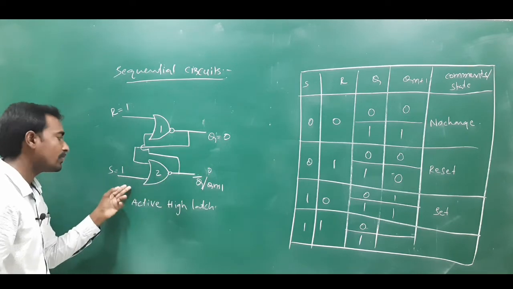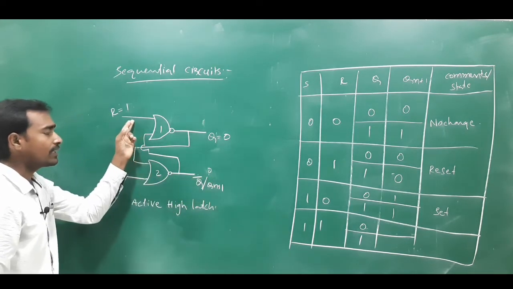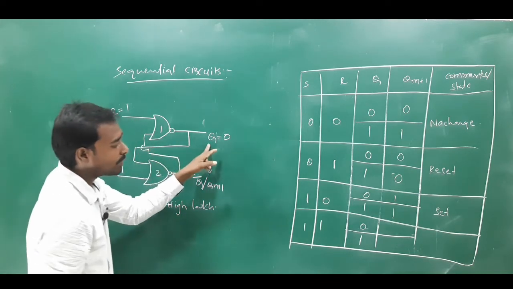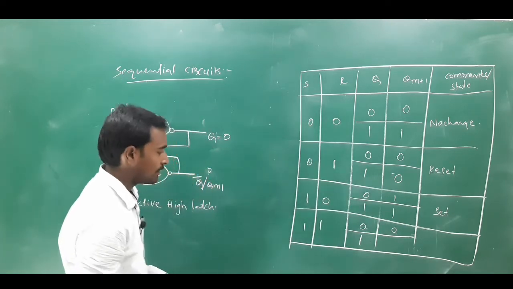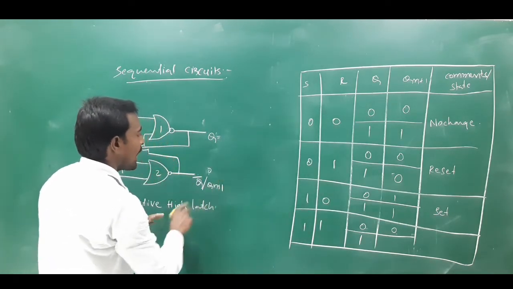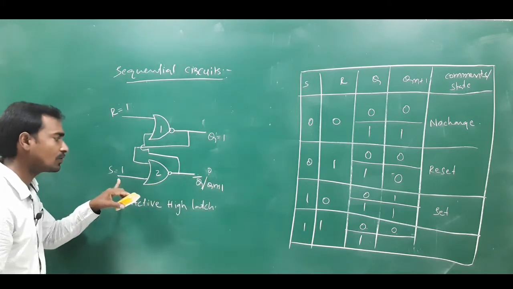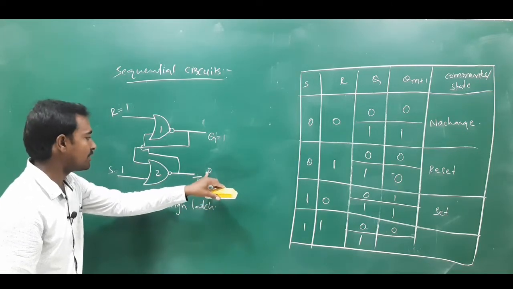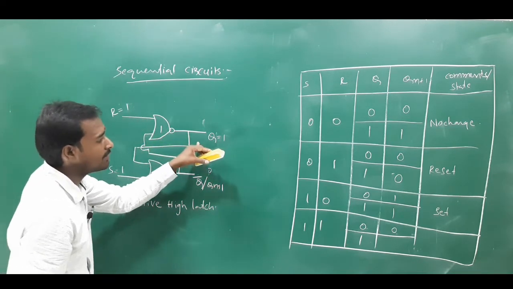Then 0 plus 1 equal to 1, 1 complement 0 here, and 0 plus 1 is equal to 1, 1 complement 0 here. So here we are getting the output 0. And next I am taking Q equal to 1, and 1 plus 1 equal to 1, 1 complement 0, and 0 plus 1 equal to 1, 1 complement 0.